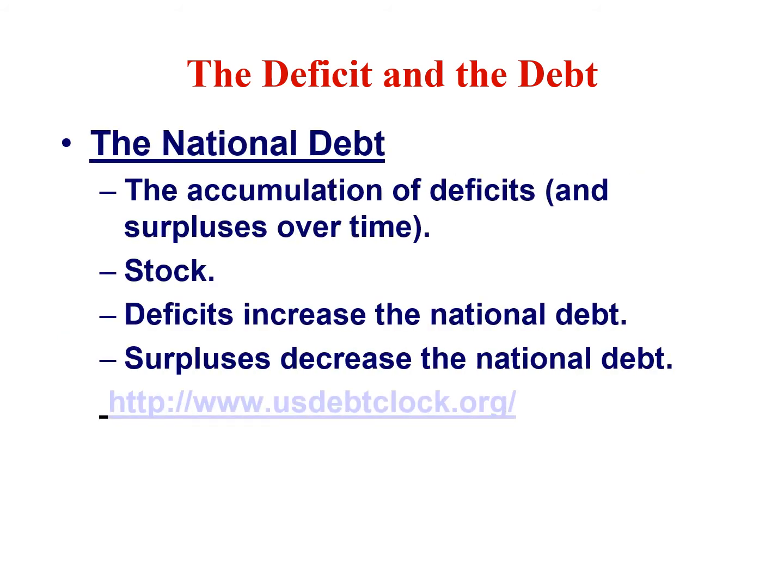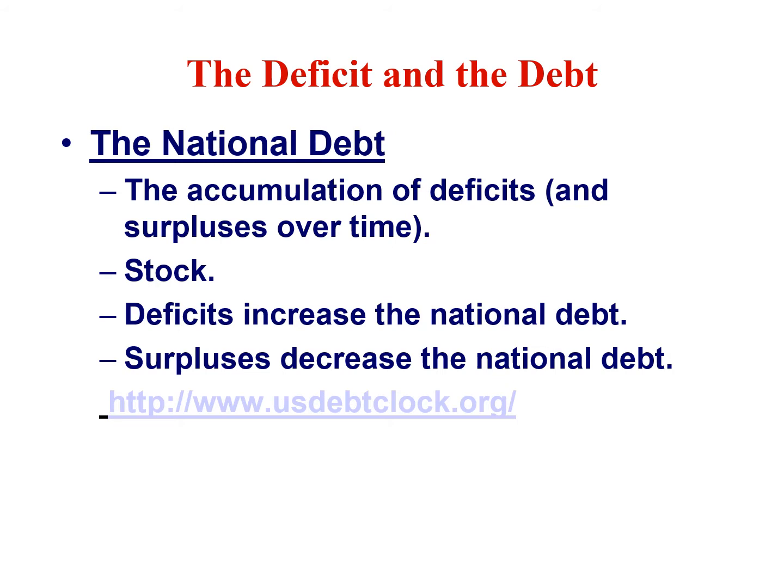So, in the long run, we look at all of the years that the federal government incurred a deficit. We subtract out the very few years the federal government actually achieved a federal budget surplus. We add those together and we come up with what's called the national debt.